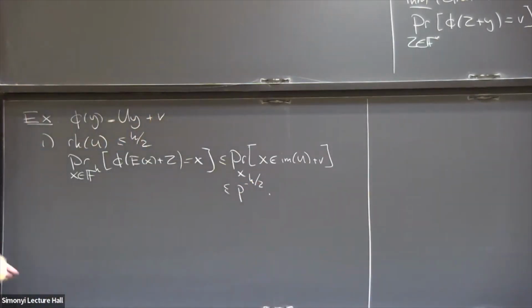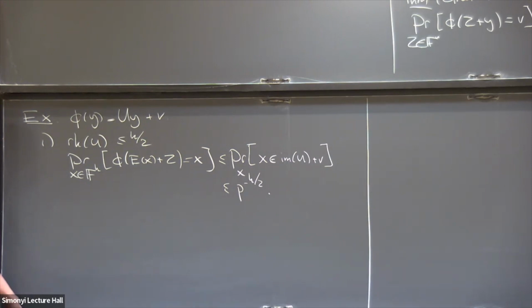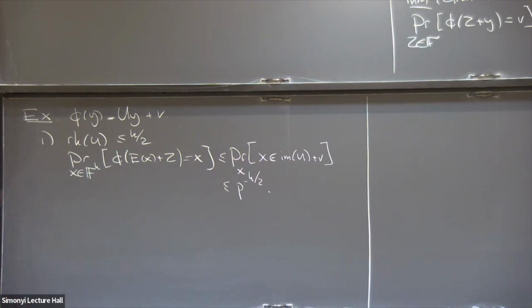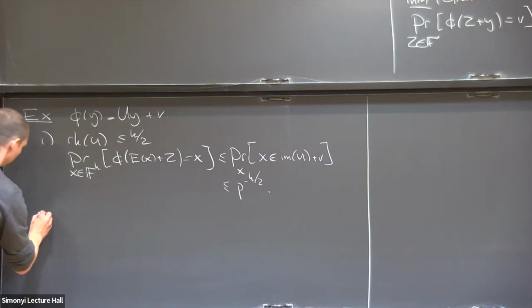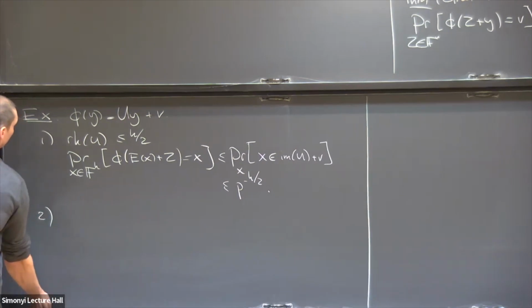So in the low rank case, the structured case, you get exponentially fast decay of the success probability for decoding by linear maps.